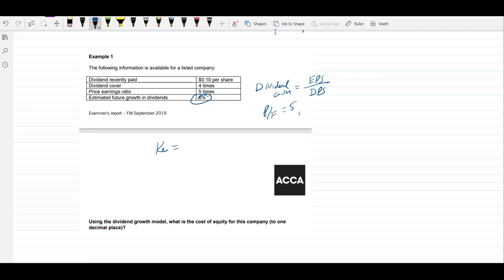We need to calculate cost of equity. Dividend is given. Growth is given. Market value is missing.